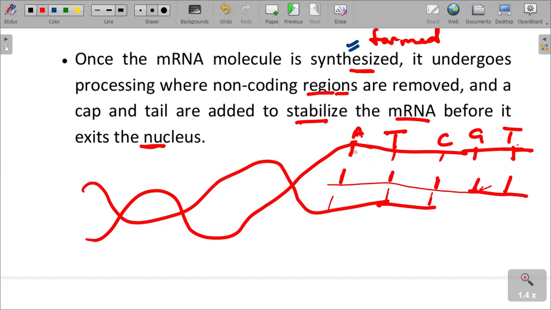According to the pairing we said, A pairs with what?